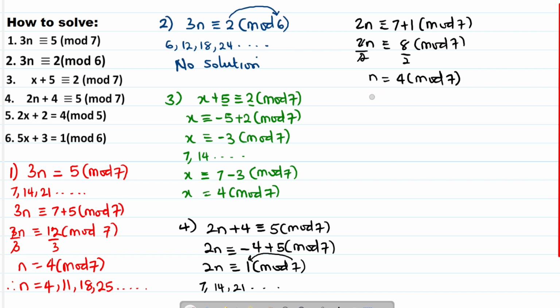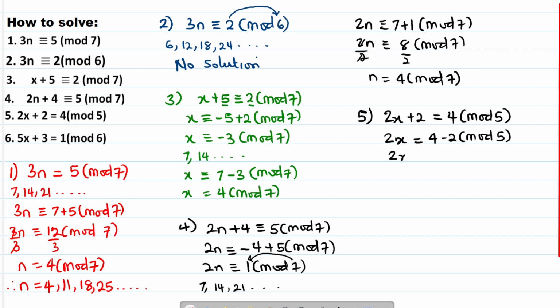Now, for question number 5, you have 2x plus 2 is equal to 4 mod 5. Again, we collect like terms here. This will be 2x equals 4 minus 2 in mod 5. So this is 2x is equal to 2 mod 5.